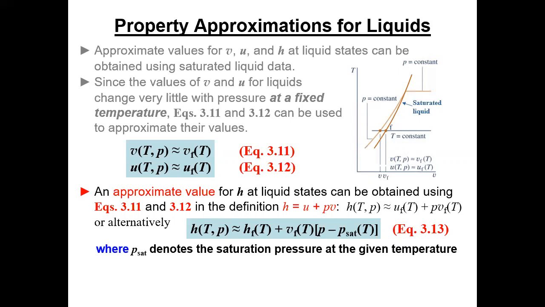Just go to the saturated liquid table at the temperature, and while you're there, get the specific volume and note the saturation pressure at that same temperature. Then whatever pressure you have, say it's 1,000 or whatever, take that delta P times the specific volume, get your units correct, and you can get a pretty good approximation of enthalpy from that.